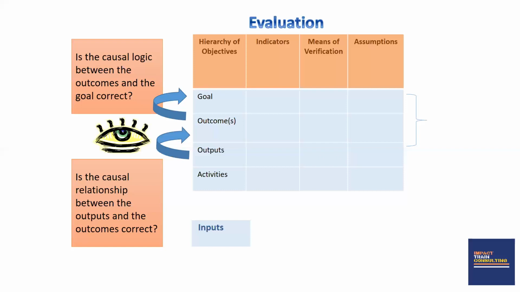The evaluation is not concerned with the activities or outputs, but they are looking at the causal relationship between the outputs and outcomes, and the causal logic between the outcomes and goals.